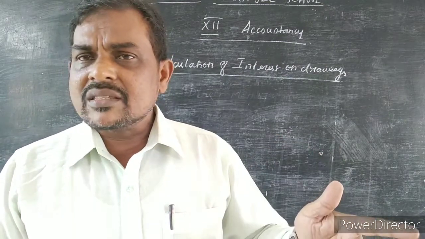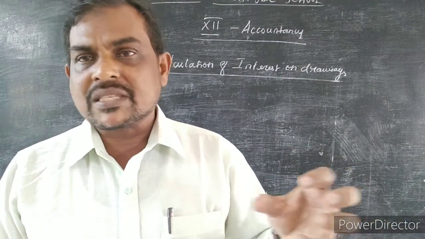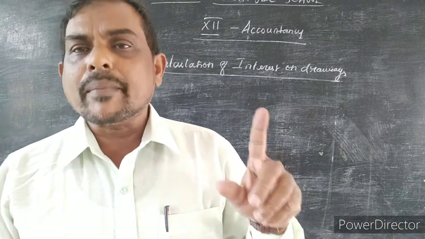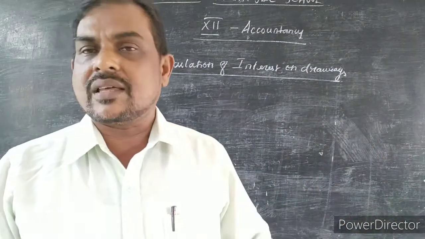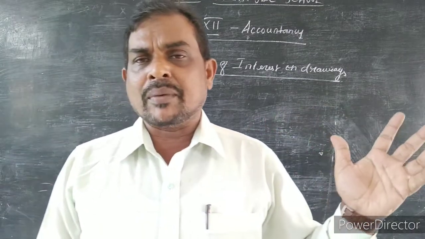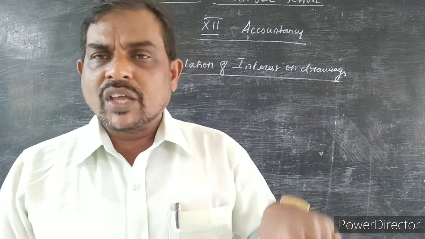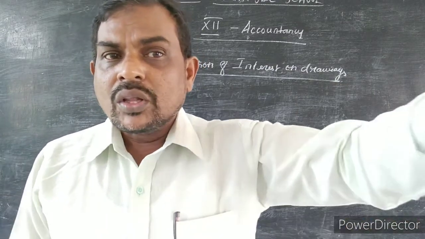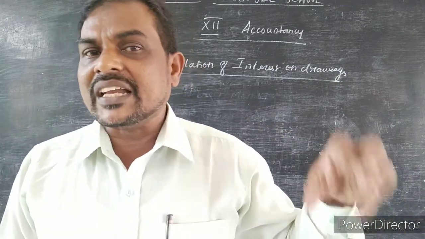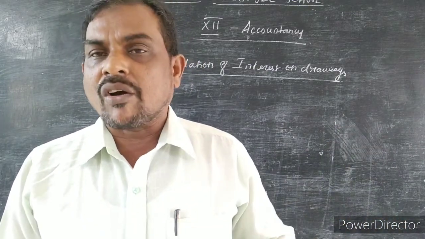The partner who has taken the amount from the business for their personal use must give interest to the business till repayment. The percentage may be 5 or 6%, whatever is mentioned in the act, they have to give to the firm. So it is given to the firm, which means the interest will be income for the business. So interest on drawings is income.